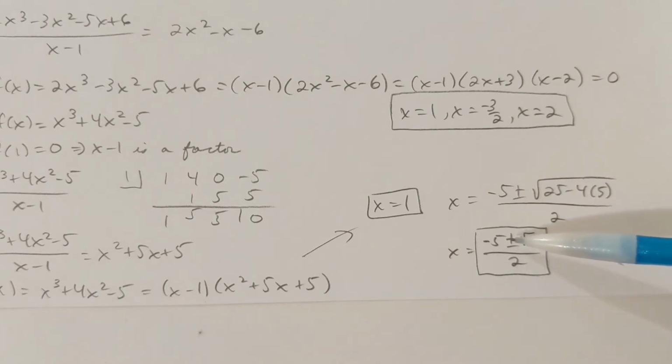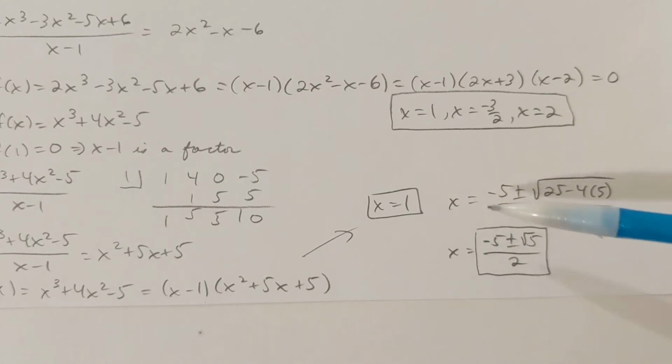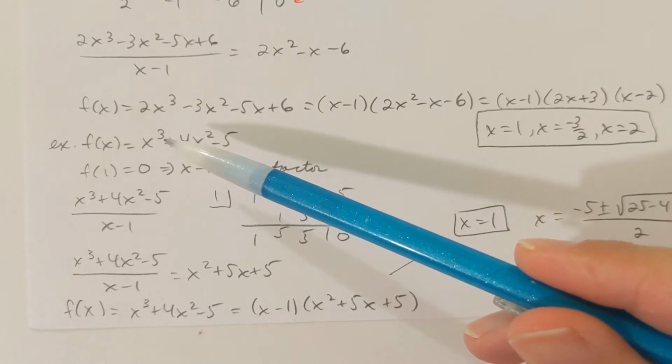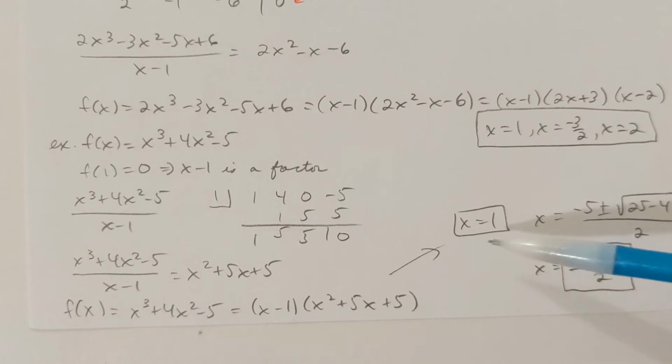And so x is equal to negative 5 plus or minus root 5, all over 2. Okay, I've got 3 answers total. And again, I've got a degree 3 polynomial. Now there's a connection between the degree and the number of zeros that you'll expect to have. They will always be the same. Always.